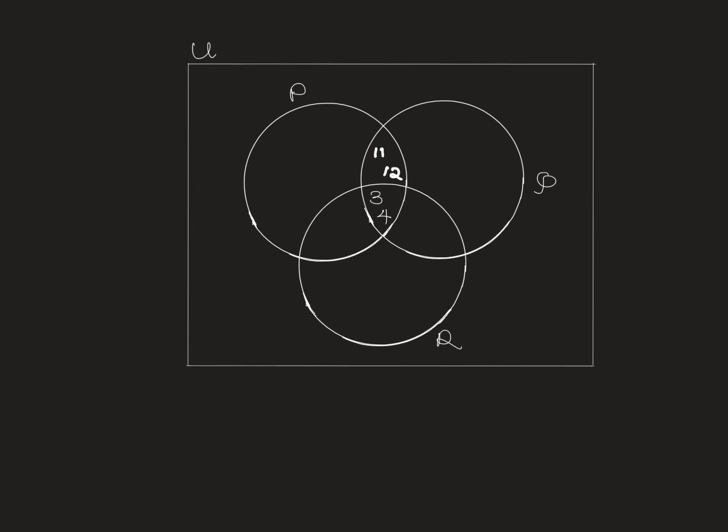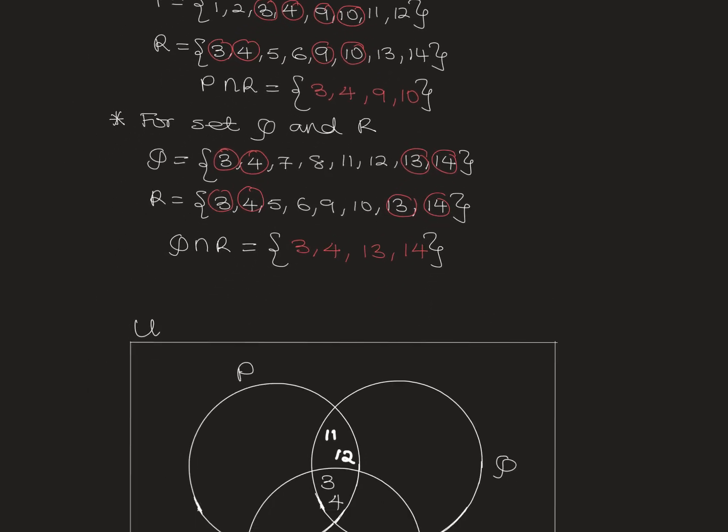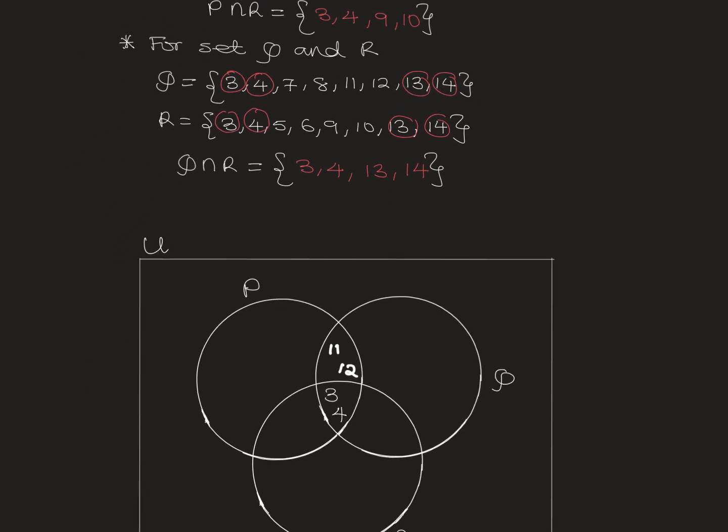Okay? So what about numbers that are both in Q and R? For Q and R, apart from the 3 and 4, we have 13 and 14. So which means we're going to write 13 and 14 here.